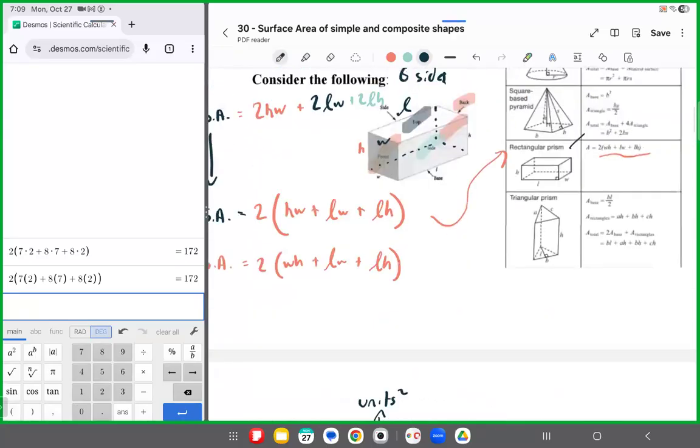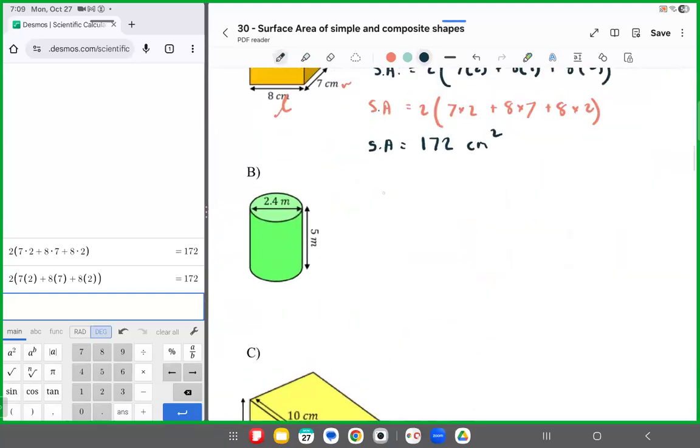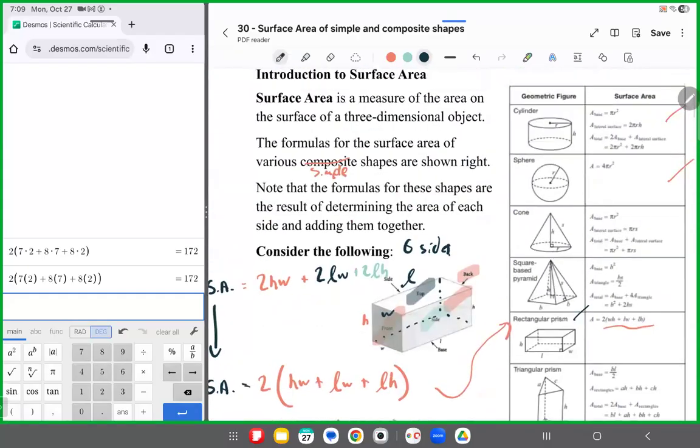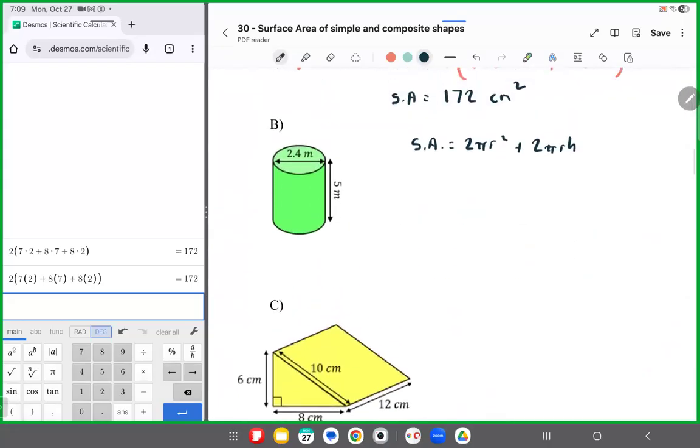Let's try out letter B, that's a cylinder. So its formula is going to be our surface area is equal to 2 pi r squared plus 2 pi rh. And just like before, it's worth noting that we're going to write pi to be equal to 3.14, and we're going to take 2 decimal places where necessary.